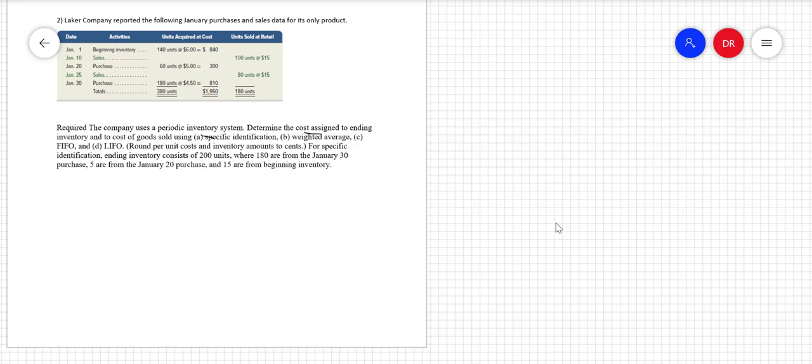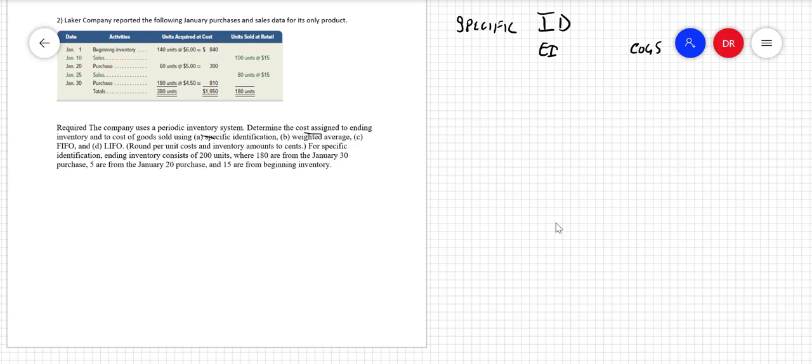So first, with specific ID, or specific identification, what that means is we're going to look at ending inventory and cost of goods sold to see what specific items are included.